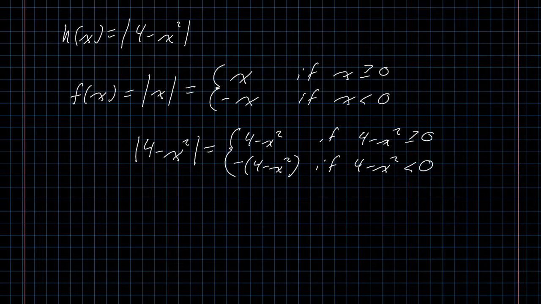I'm going to come back and clean this up a bit. But just by knowing this, that should give us enough tools to play around with and graph the function y equals h of x.